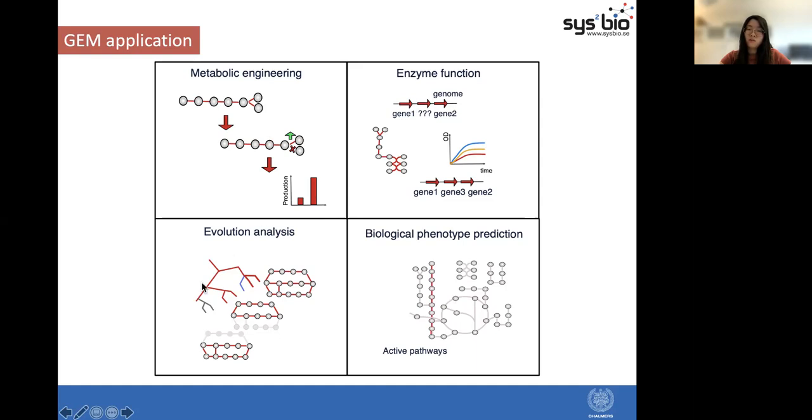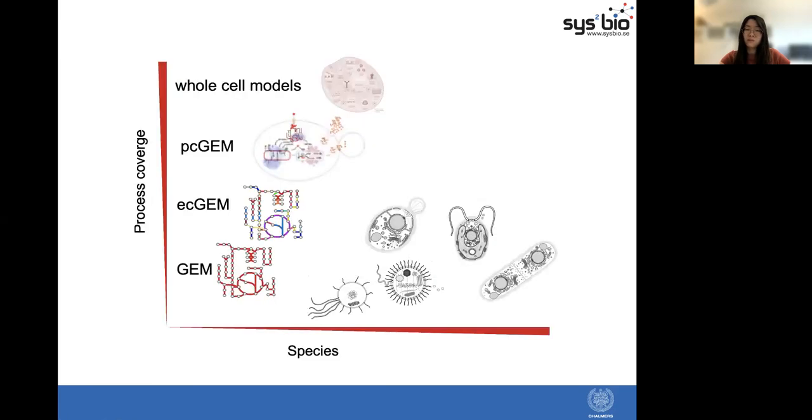We can use GEM for evolution analysis to tell the differences and the divergence between the yeast for wine production and yeast for milk production. And we can predict the biological phenotypes through the GEM. For example, we can tell which reactions and which pathways are active during the alcohol fermentation.